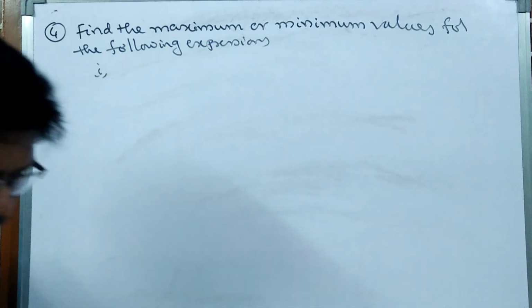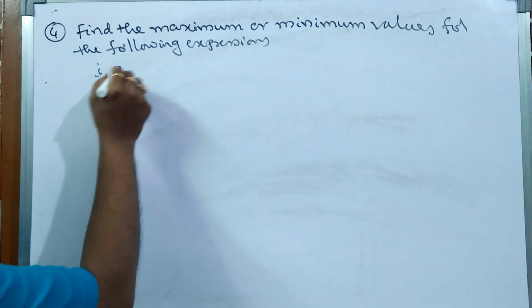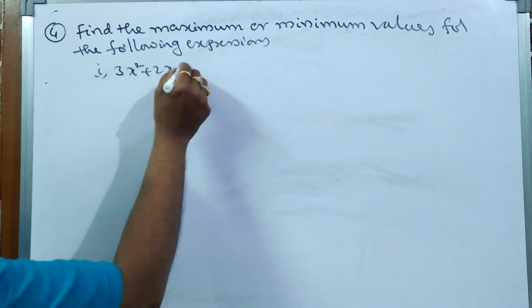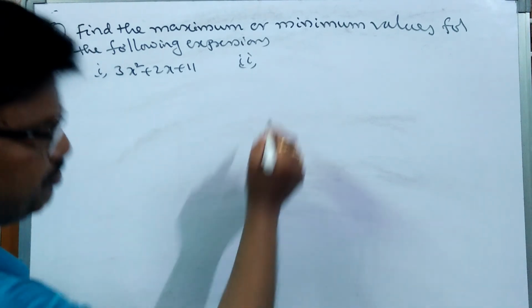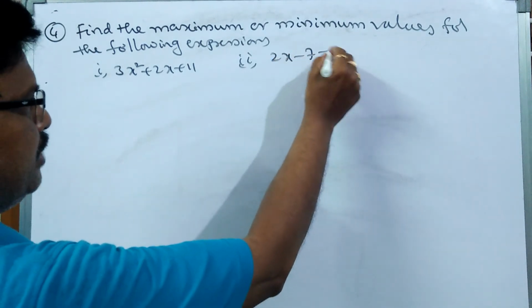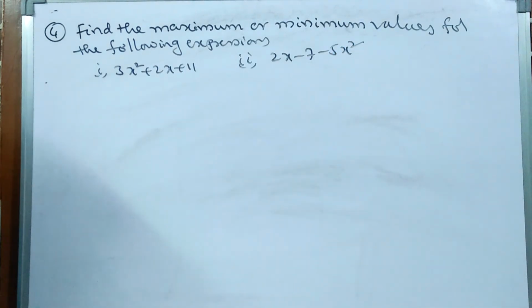Let us take one bit first: 3x square plus 2x plus 11, and the second bit, let us take 2x minus 7 minus 5x square.